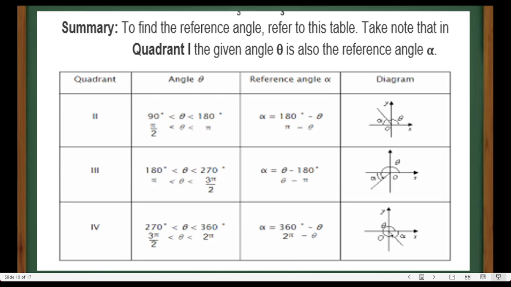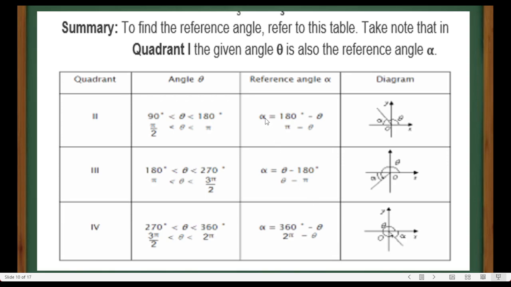Now, if the given angle is found in quadrant 2, quadrant 3, or quadrant 4, you consider those formulas to compute for the reference angle. Okay?